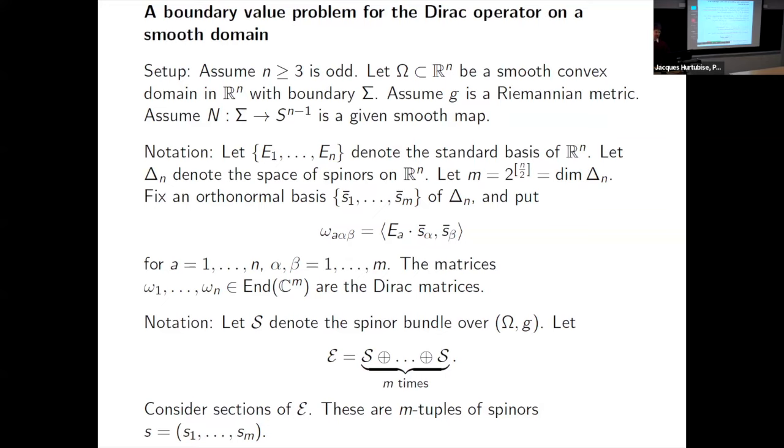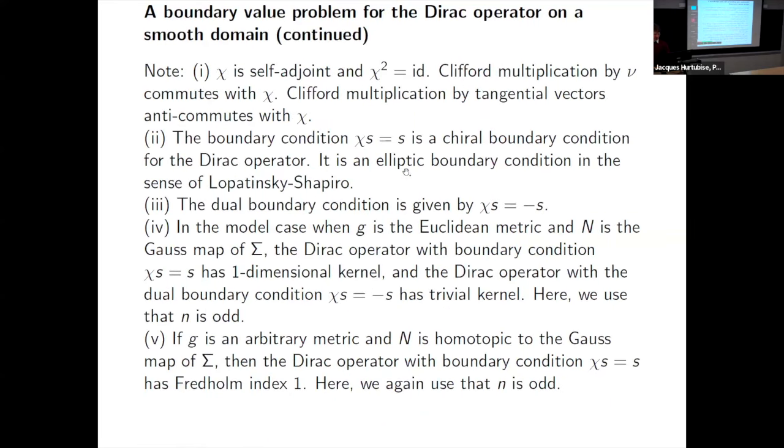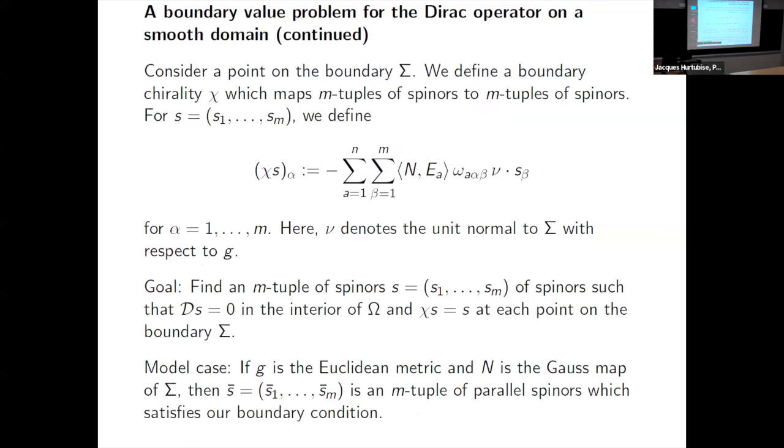Now, let's consider the spinor bundle with respect to the metric g, and we can consider the bundle E, where you take a direct sum of the spinor bundle S with itself m times. So the elements are m-tuples of spinors, and now I can define my boundary condition. The boundary condition will be defined in terms of this boundary operator chi, called a boundary chirality.